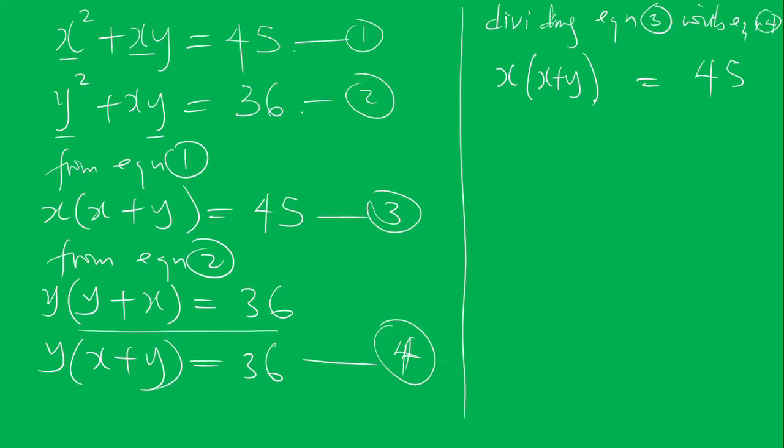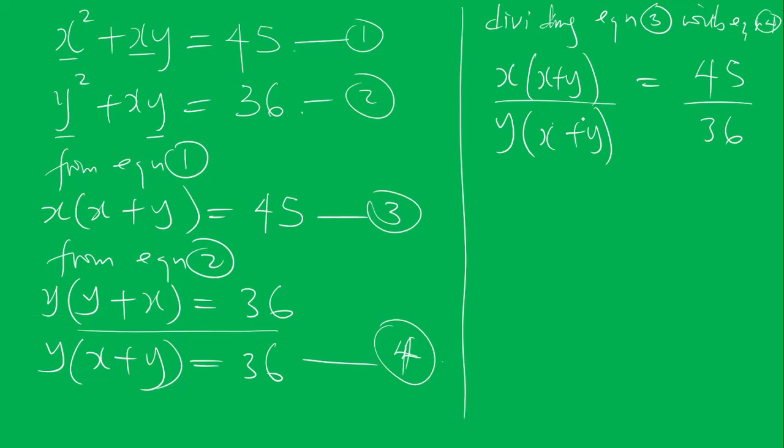This is equation 3. We divide it with equation 4, which is y into the parenthesis x plus y, equal to 36. So we divide the term on the left hand side of equation 3 by the term on the left hand side of equation 4, and also divide the term on the right hand side of equation 3 by the term on the right hand side of equation 4.